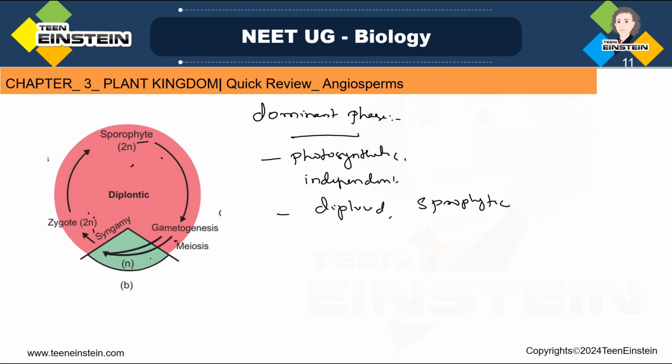Next is the gametophytic phase, which is represented by a single or a few celled haploid gametophyte. Okay, and this gametophytic phase is short living and dependent on the photosynthetic sporophyte. So all seed bearing plants like gymnosperms and angiosperms have diplontic life cycle.